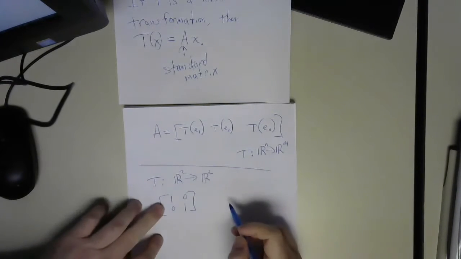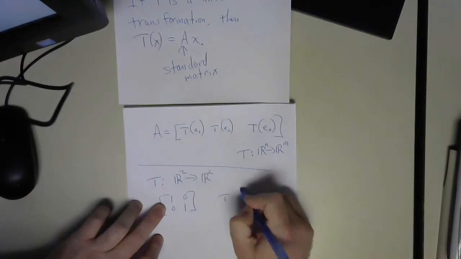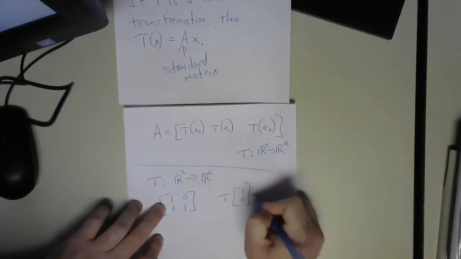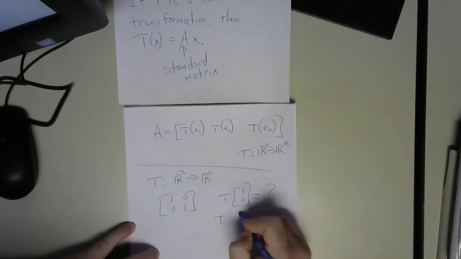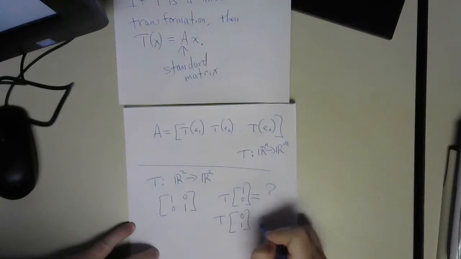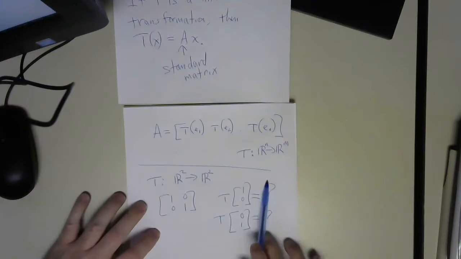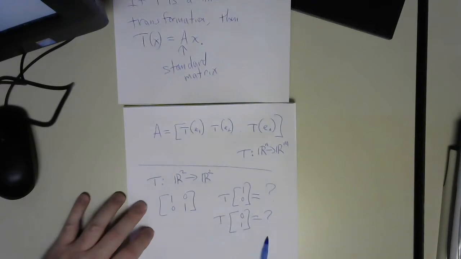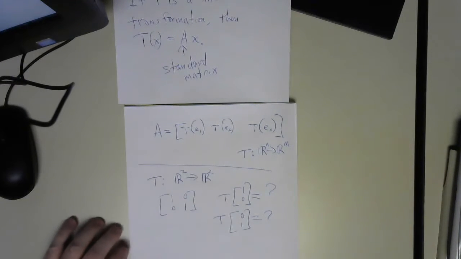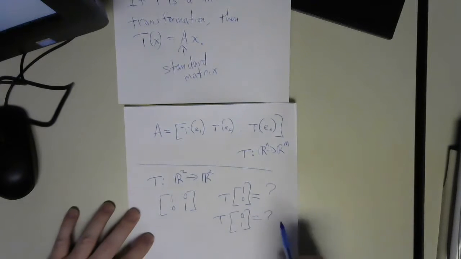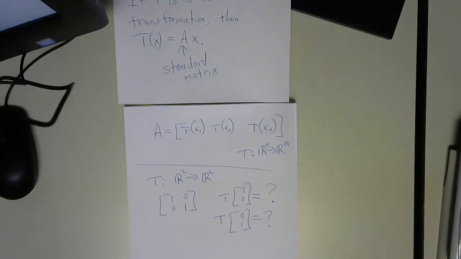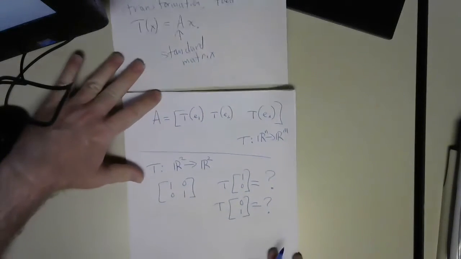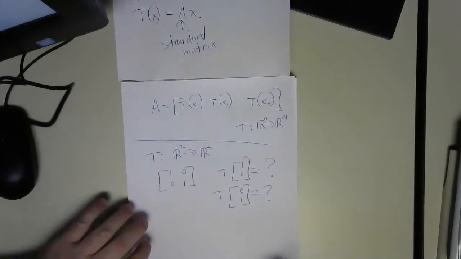And we just have to find the images of the first column of the identity matrix, and then we have to find the image of the second column of the identity matrix. And those two 2-by-1 matrices will form the standard matrix A. So we just have to find these two images, all right, under this particular transformation. So let's see if we can do that given the conditions in the problem.